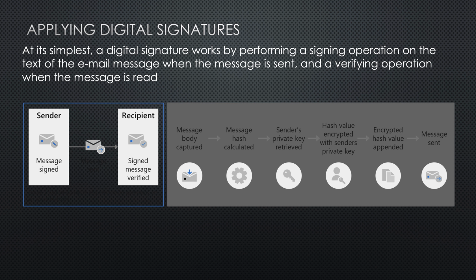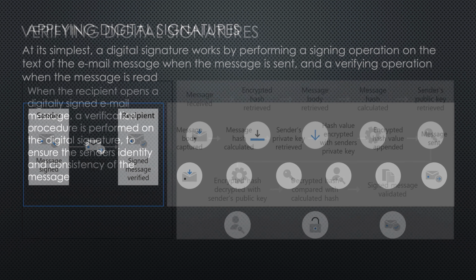It's a one-way encrypting algorithm, so it produces a fixed length output irrelevant of the size of the message. The sender's key is then retrieved. The hash value is then encrypted with the sender's key. Finally, the encrypted hash value is then appended to the message, and finally the message is sent.